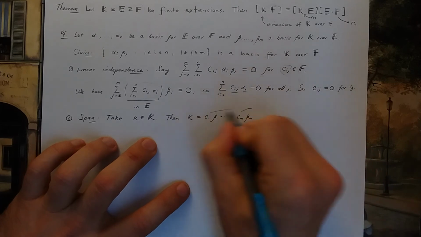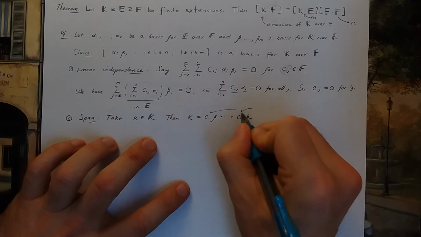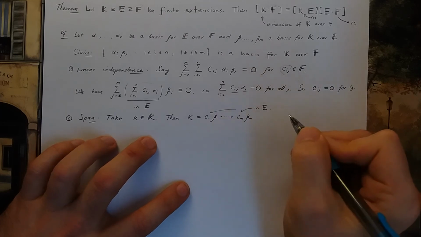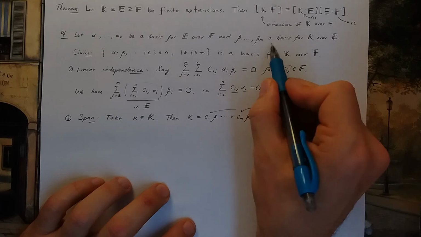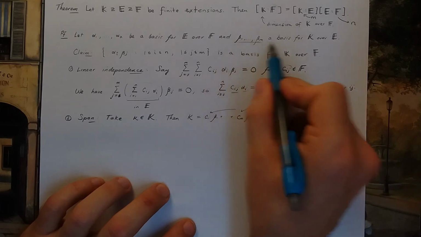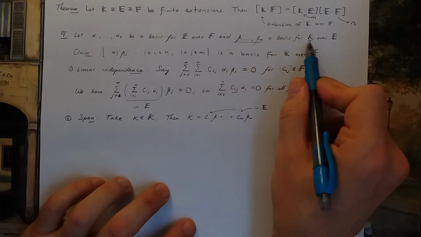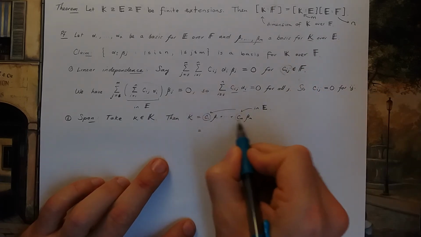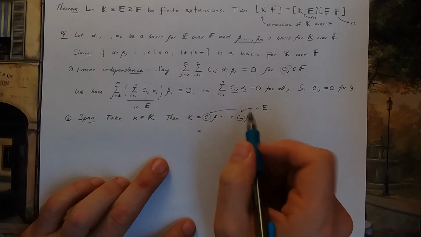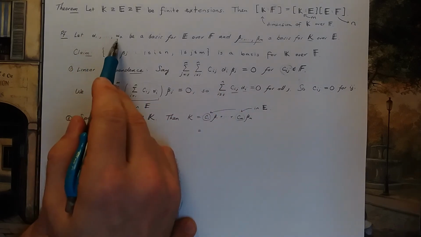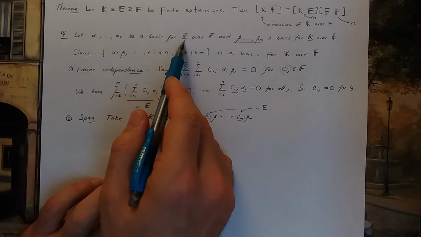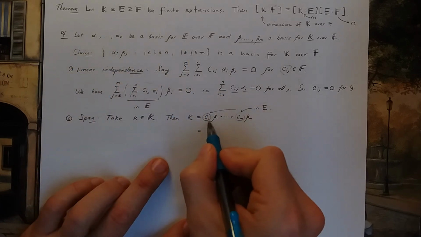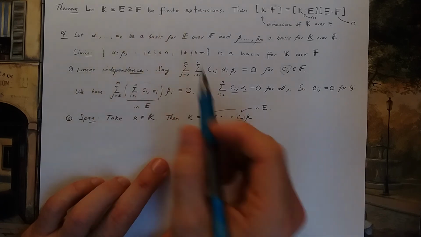These constants, C1 through Cm, these are in E. So I'm using the fact that these vectors beta 1 through beta m span K over E. But then, since I have elements in E, the constants in front, and alpha 1 through alpha n is a basis for E, I can express each one of these constants as linear combinations of alphas.